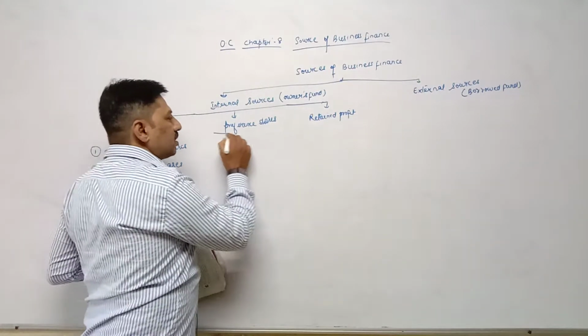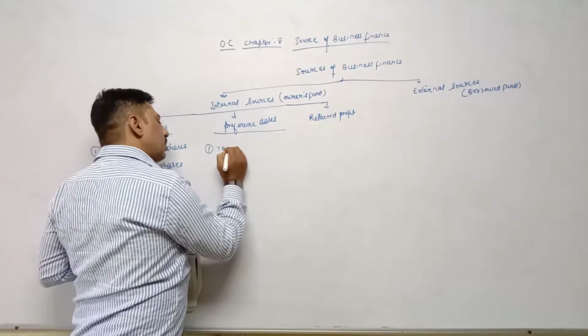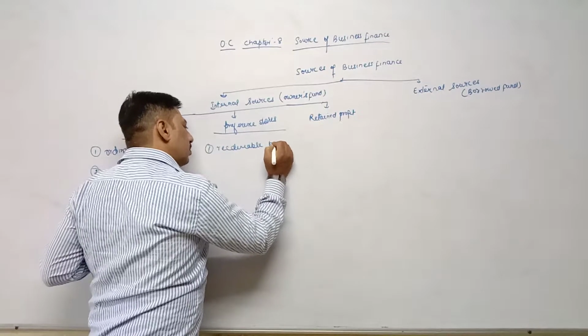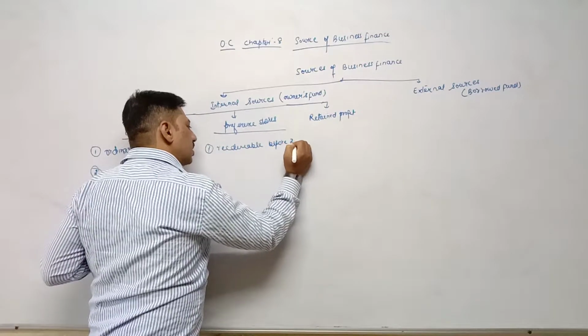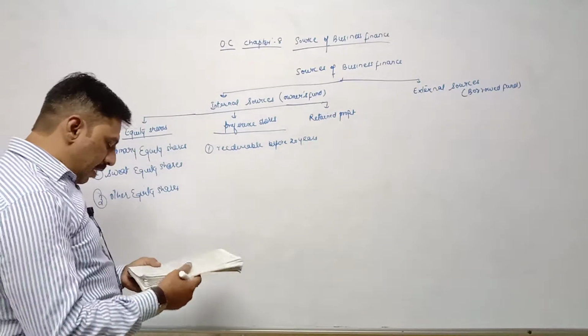Now preference shares, these are of two types: redeemable before 20 years and redeemable after 20 years.